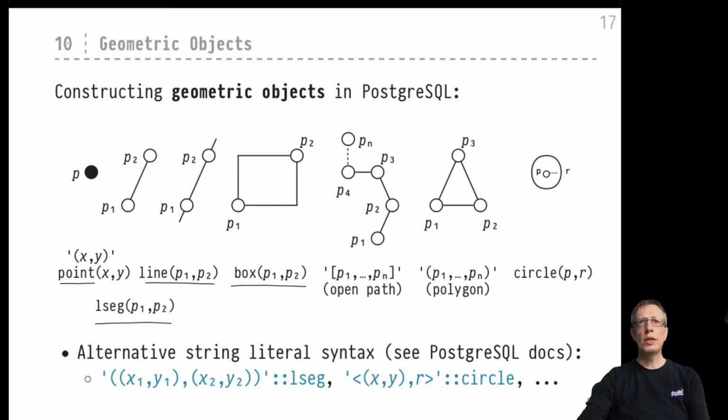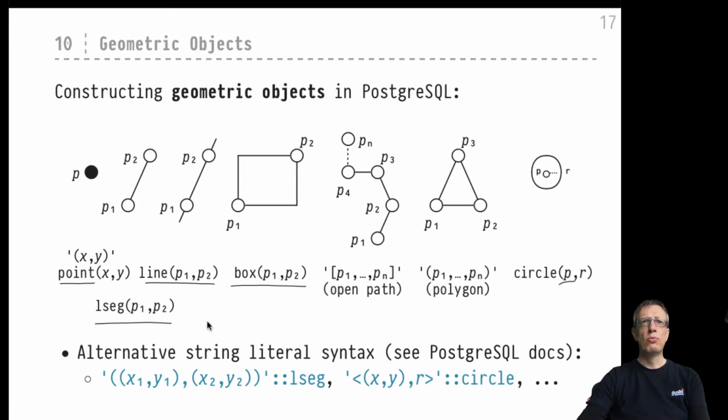All right, and last but not least, we could specify circles which have a center point P, which I could, of course, construct using any of the two methods I've described here on the left, and then such circles are also equipped with a radius R that I'm specifying, and that would completely define a circle in the 2D plane here.